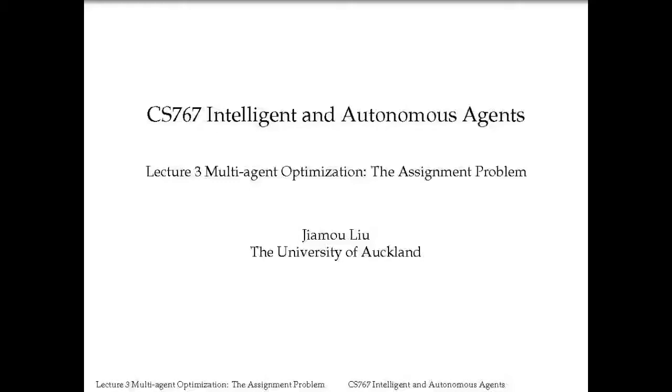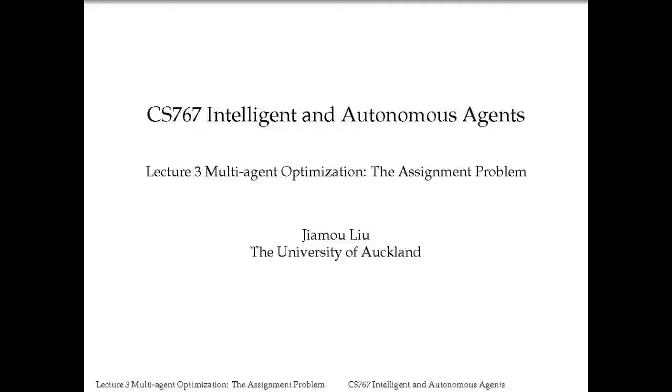In many real-world applications, merely searching for a legal assignment is not enough, but rather people are interested in solutions that are optimal with respect to certain evaluation, and that will be a type of optimization problem.